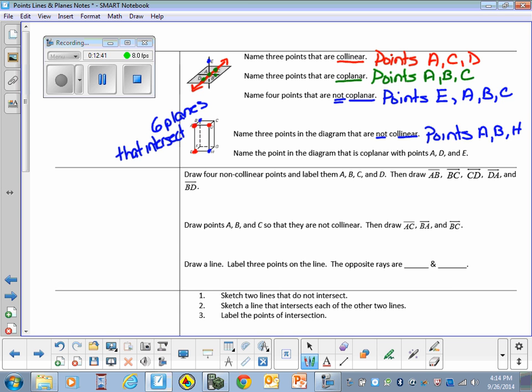Okay. A, D, and E. The last point here is H, point H.